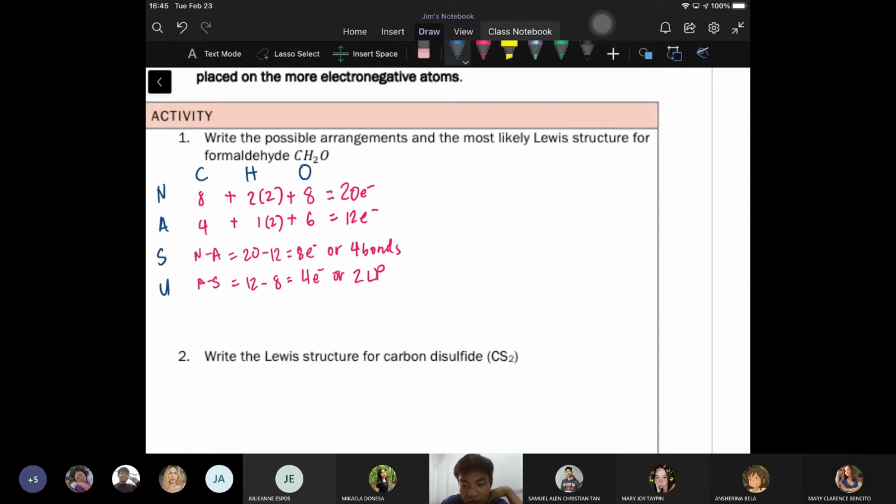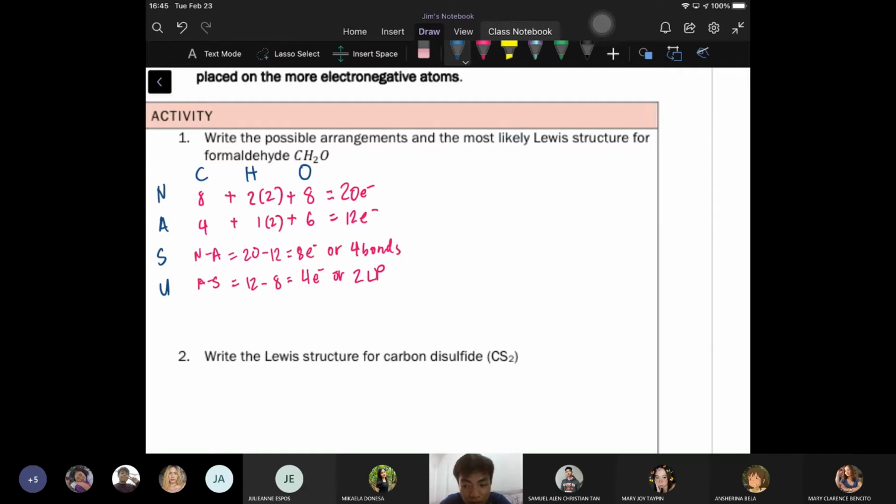So yung terminal atom, siya yung kumakabit sa central. The reason why hydrogen cannot be the central atom is that it can only form one bond. So isang bond lang kaya niya gawin eh. Compare that to carbon which can form 4 bonds, no?